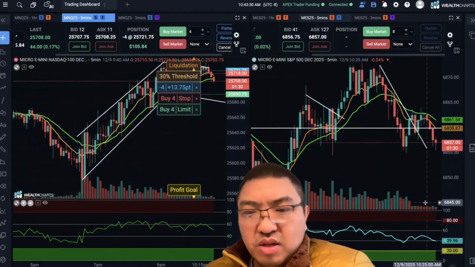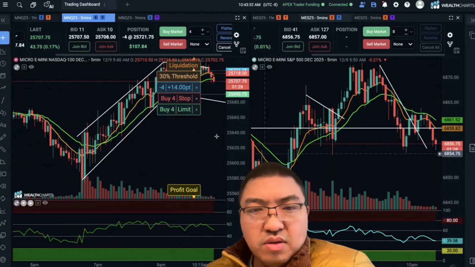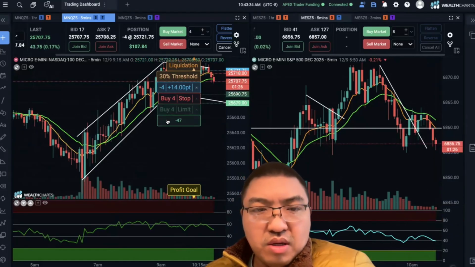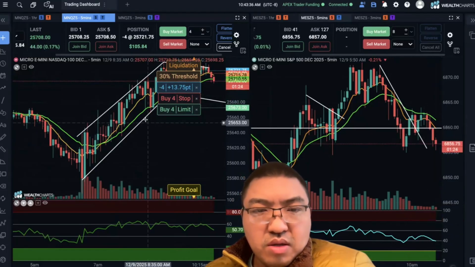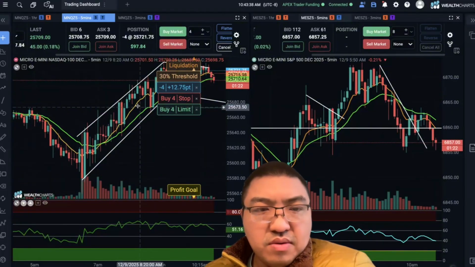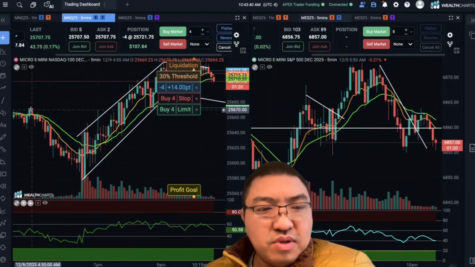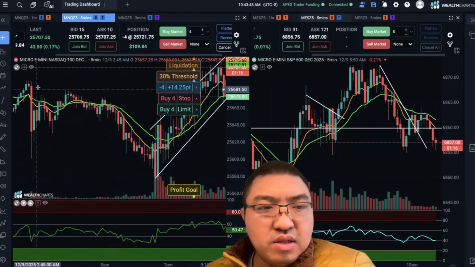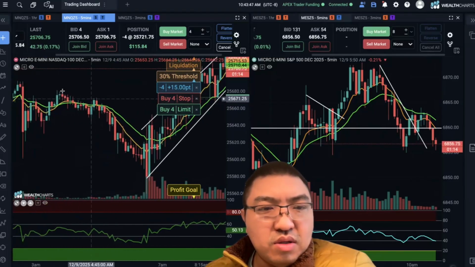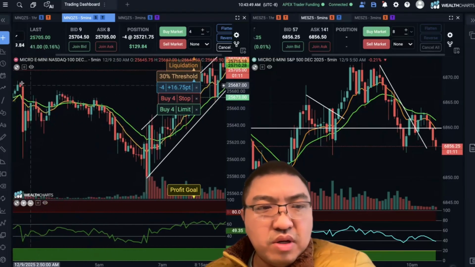If the ES arrives here, then the NQ will probably arrive here, which is the pre-market high. Is it? Oh, it's not. You see, somewhere the high is here.